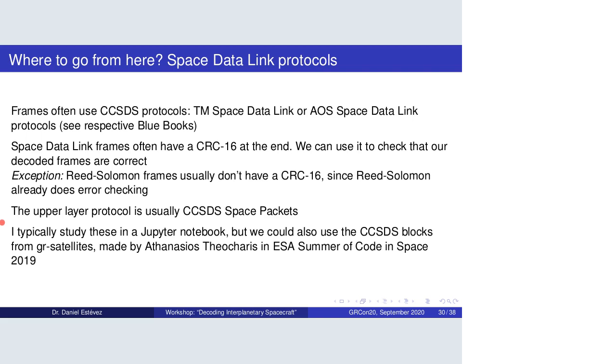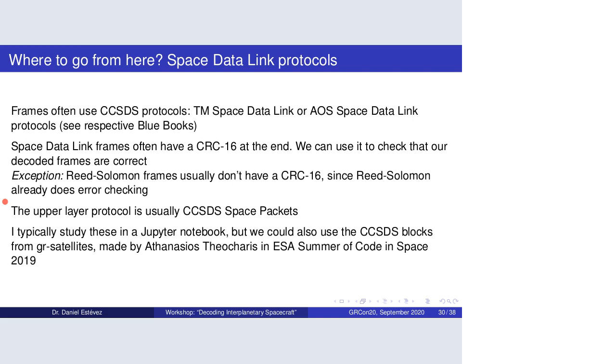So we have these TM and AOS protocols as the link layer, but what do we have at the upper layers? At the upper layers, either we have some custom ad hoc protocols designed specifically for the mission, or we have space packets, which is a nice way to fragment datagrams or packets.